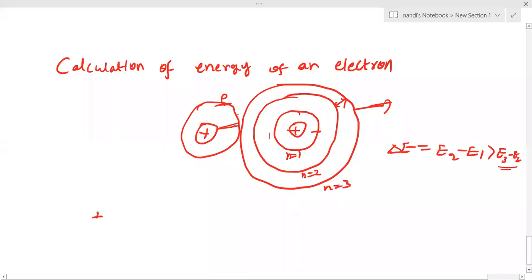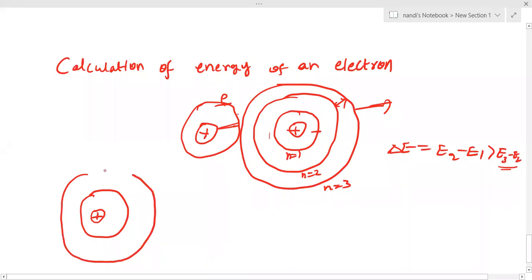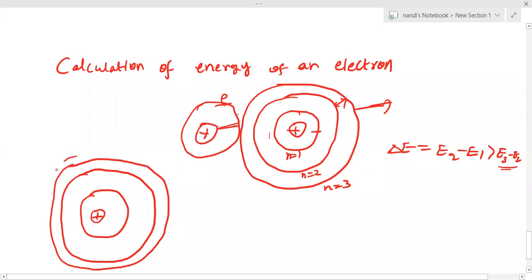I'm writing it diagrammatically: the first shell, second shell, third shell, fourth shell. By using this diagram, but I'm not drawing the exact measurement, please keep in mind.